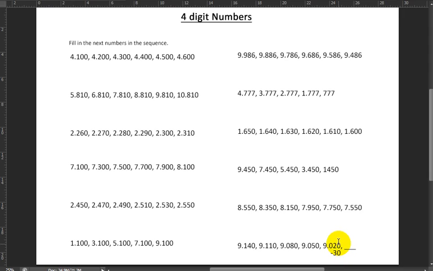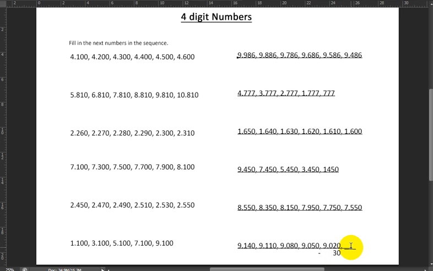I would say 0 take away 0 makes 0, 0 take away 0 makes 0. Here I can't do 2 take away 3, so I would borrow. This 2 would become a 12. Take away 3 makes 9.